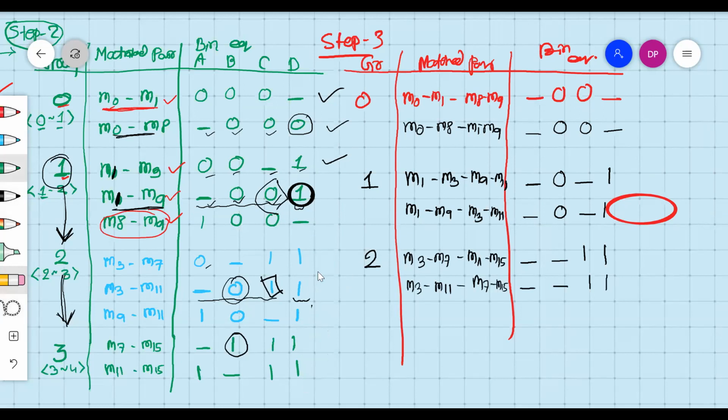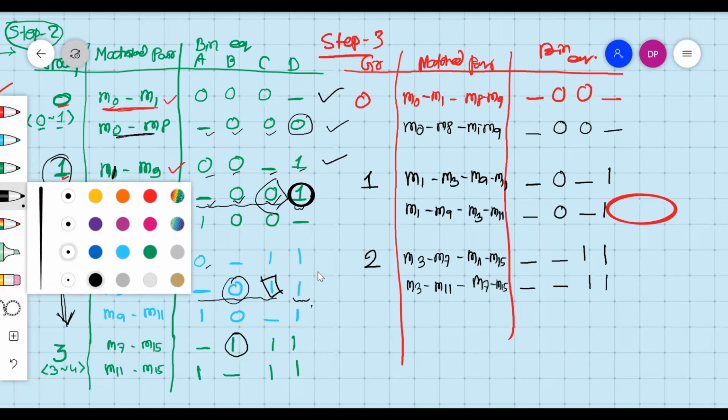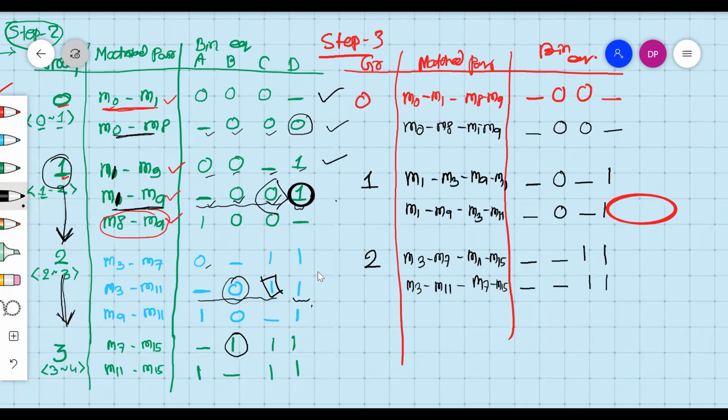Right. So whichever elements are covered, just put a tick mark. Okay, so this is also covered, right? This 100 dash. Okay, 100 dash. Is it covered?